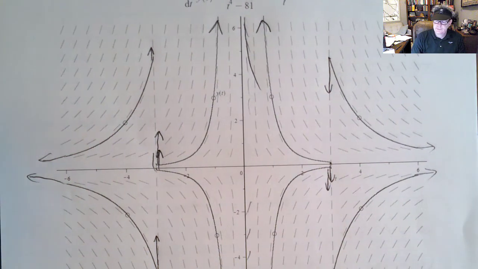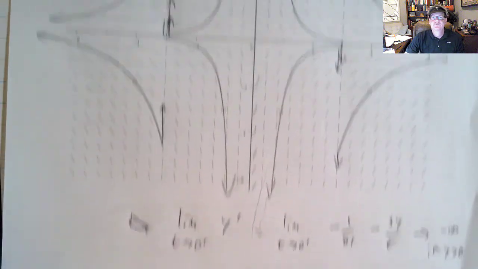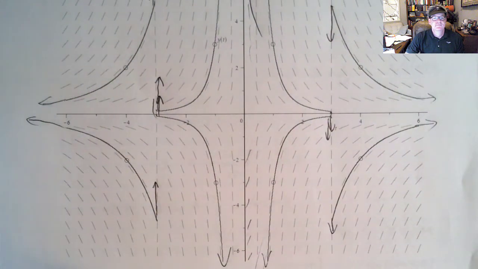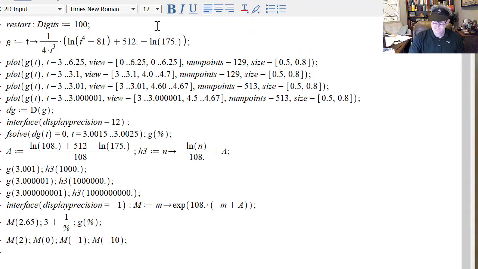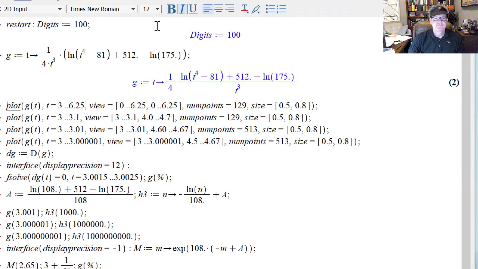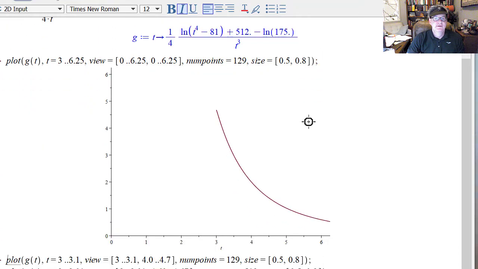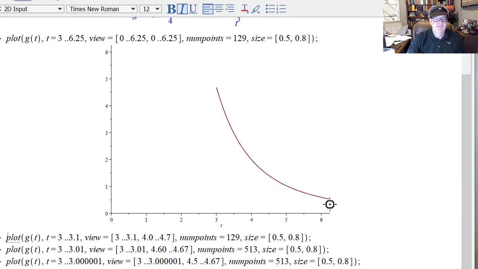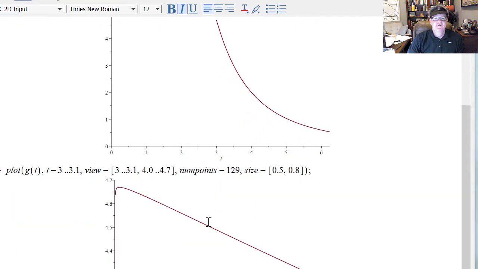Actually, let's look at the one here too. This was part B, so there's the G. There's the curve. It looks like it just stops. I couldn't figure out why for a while. But if you zoom in, you see it starts to go down, and zoom in more, going down.